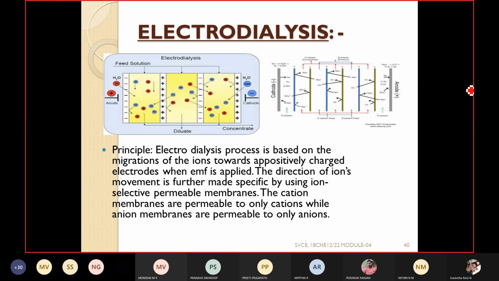Alternatively, fix this cathode and anode. Like this, place a negative electrode, positive electrode, negative, positive, alternatively. We have to place the electrodes alternately.